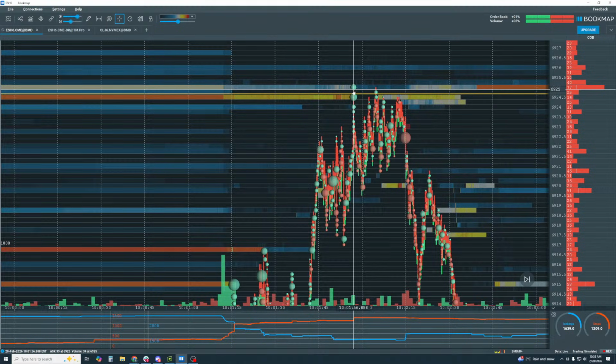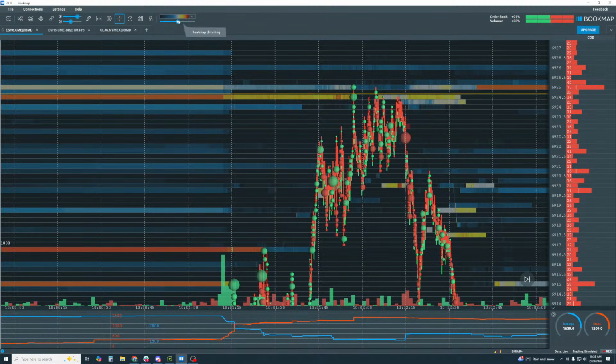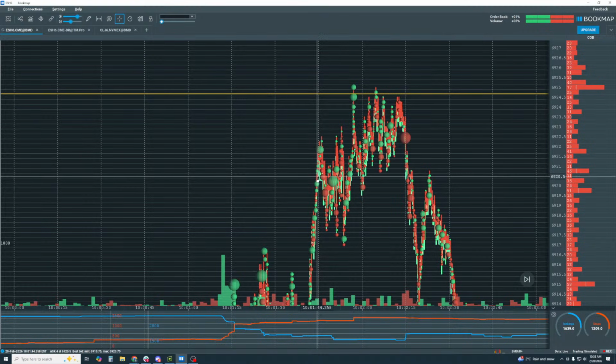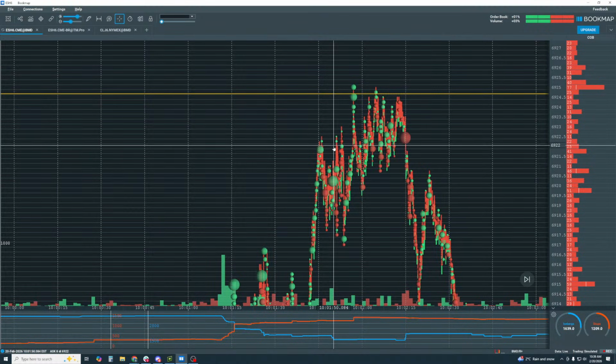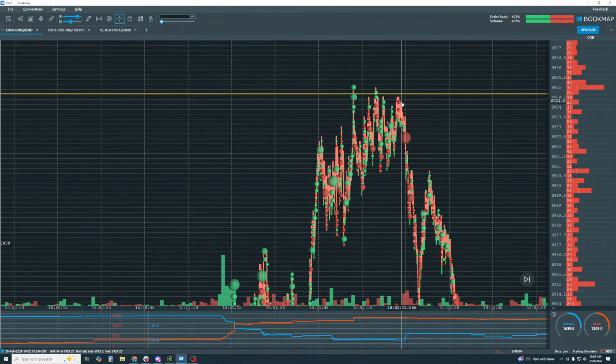Now we go back and forth in here, a lot of back and forth. We get a little bit of buying in here. And let's take the heat map off, because it has nothing to do with the heat map or the passive accumulation. It has everything to do with the aggressor and the lack of the aggressor.